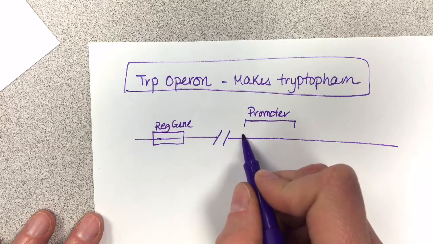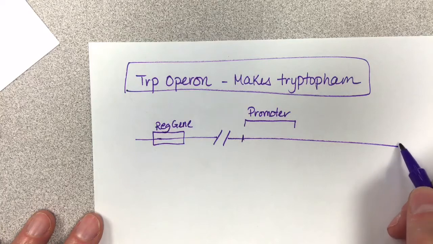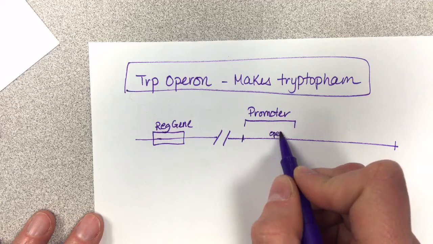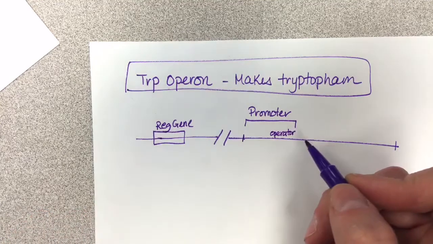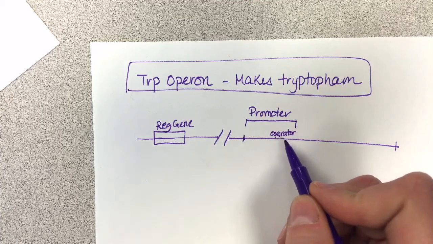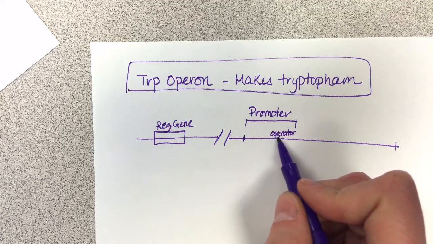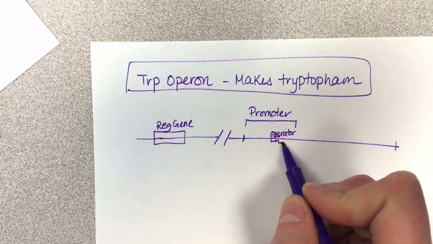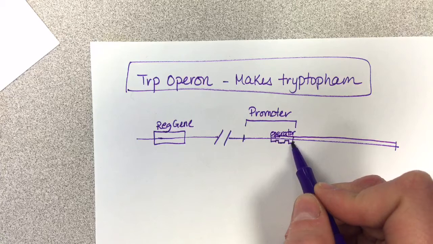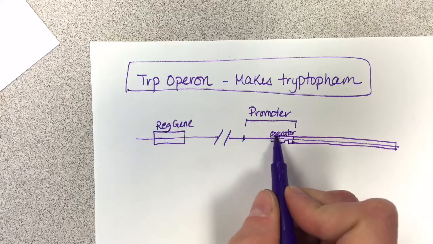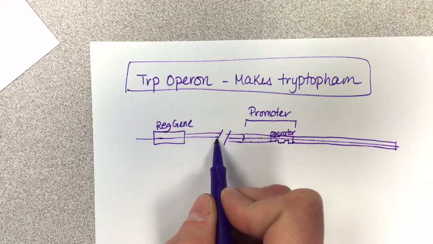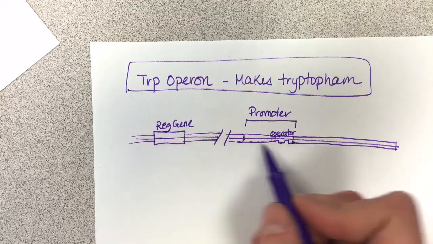So if this is the beginning of the gene, and this is the end here. What happens is you have this operator, and your book showed it in terms of a particular shape, and so the operator region has a particular shape that looks like this. If we make the DNA a block like this, kind of disregard that center line.